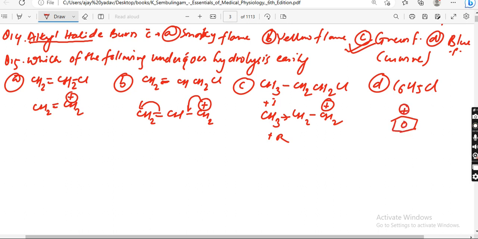So the one which is more stable, in which the positive charge is delocalized, will hydrolyze directly. So this will be readily hydrolyzed, and secondly this will be easily hydrolyzed. Our answer is option number B.